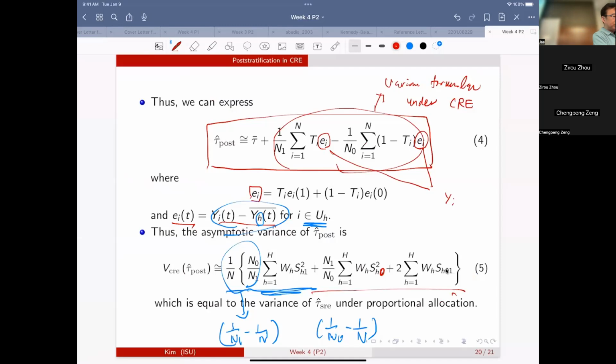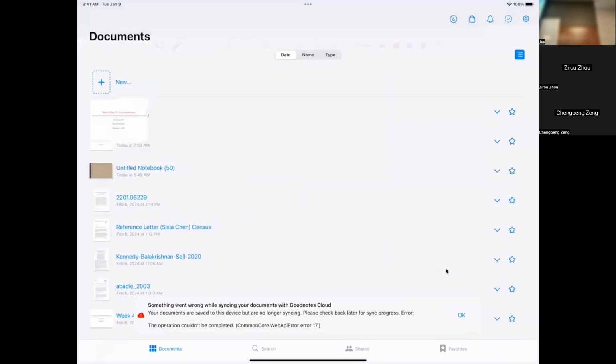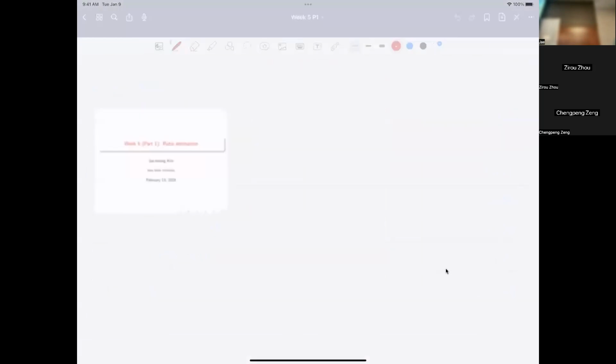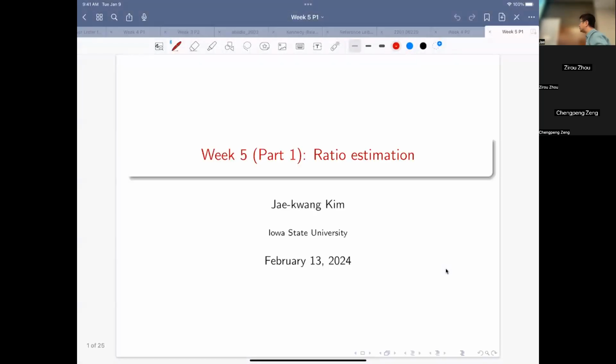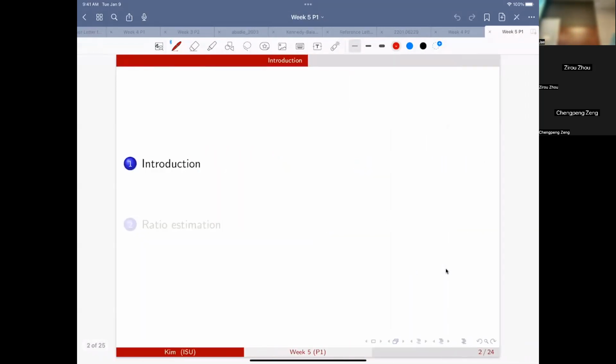Now let's move on to another topic, a new topic in week 5: ratio estimation. So now we are moving back to survey sampling.